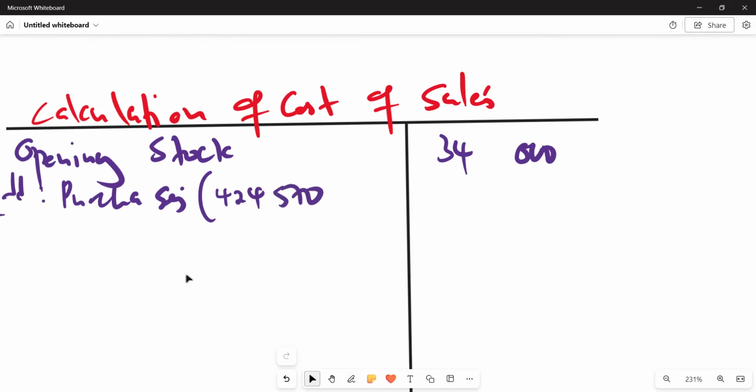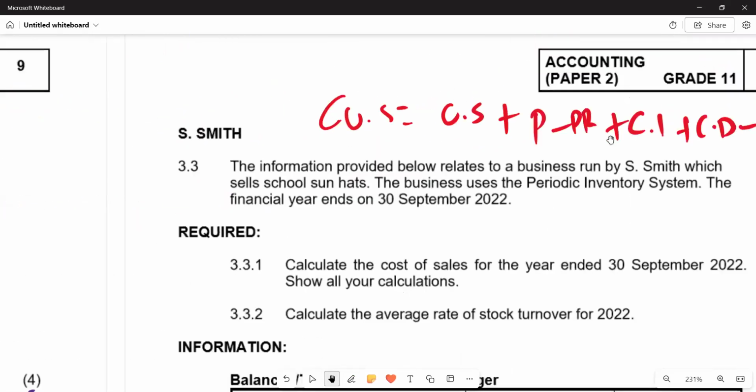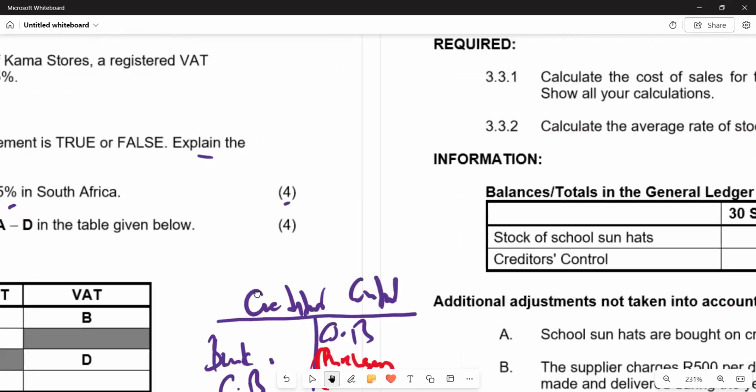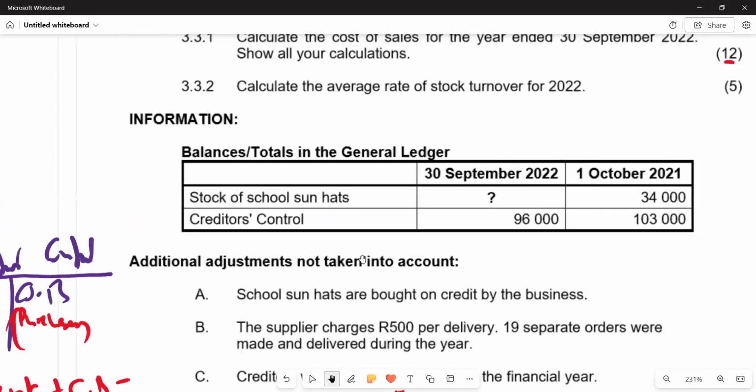So if you go back to our formula, remember we've got a formula that we are following. Here we are saying our bank, then we add the closing balance that we have there. The closing balance is this one, 96,000 of creditors.